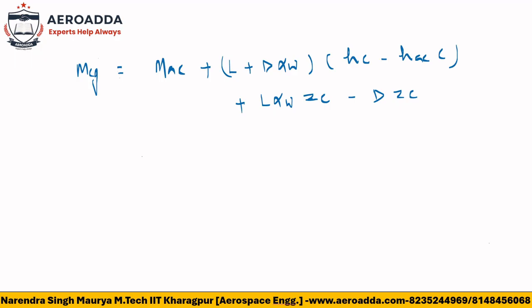Now one more assumption we can take, so it will be more shortened. You can say drag D is very small. Drag, you are saying it is small only. And definitely that Z is also small, so you can neglect this part.